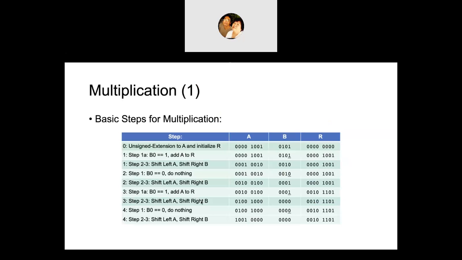Look at the example here. If we represent the algorithm by using a table, we have the steps like this. Let's say we have the unsigned extension to A and we initialize the register R. A is the multiplicand, B is the multiplier, and R is the product.